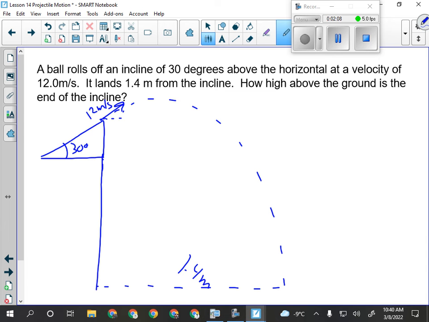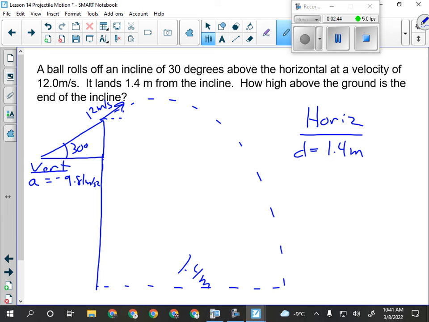I'm still going to do this like any other projectile motion question. I'm going to break it up into vertical and horizontal parts. I know that the horizontal distance traveled is 1.4 meters, and I know from the vertical perspective that the acceleration is negative 9.81 meters per second squared. Can I still calculate V horizontal and VI vertical?